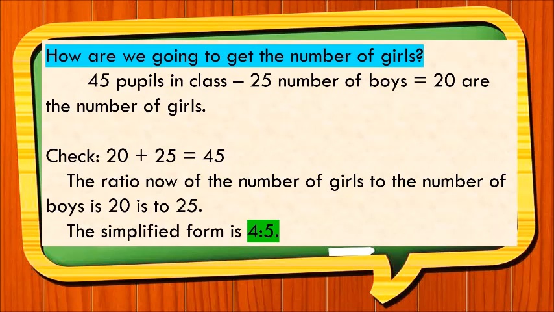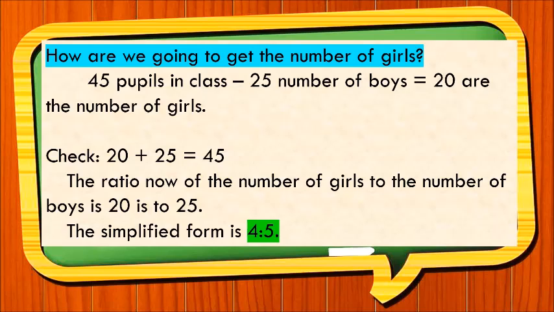The third step, we get the greatest common factor. And the greatest common factor of 20 and 25 is 5.